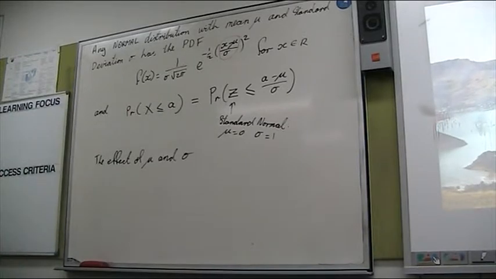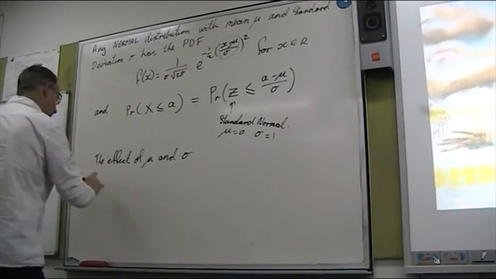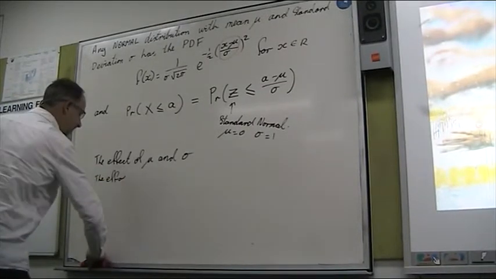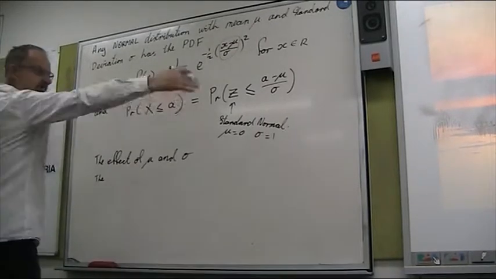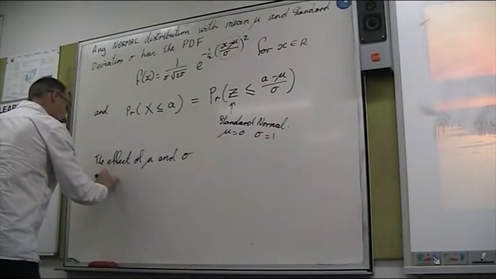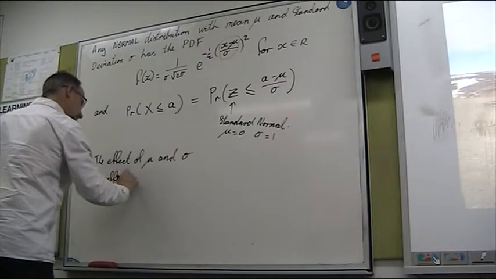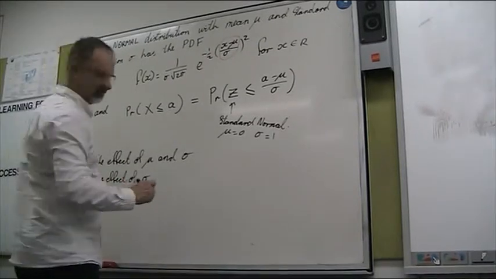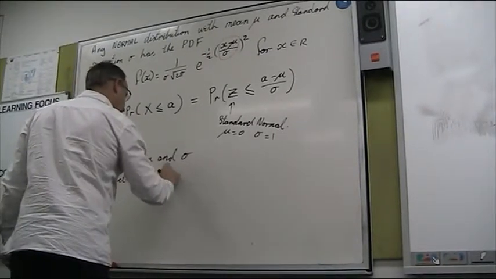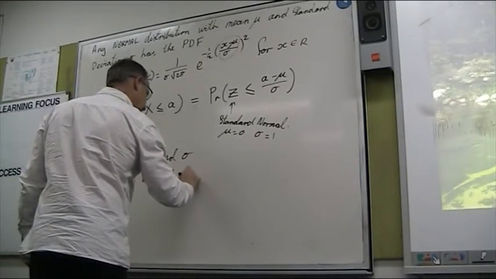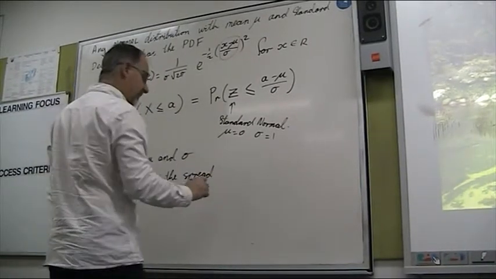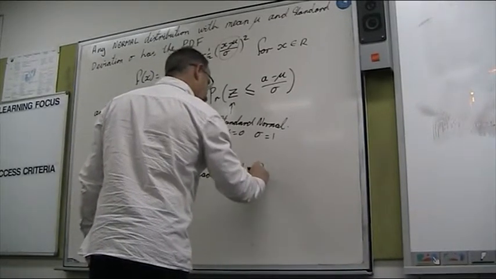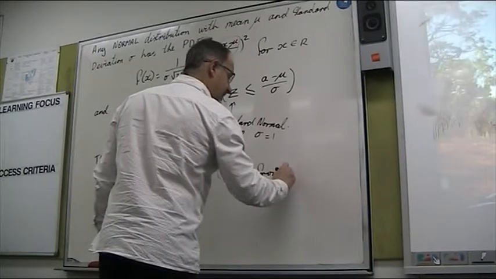Again, you just have to know what the pattern is. The effect of the standard deviation is how spread out it is. The spread, which of course is a dilation from the y-axis.